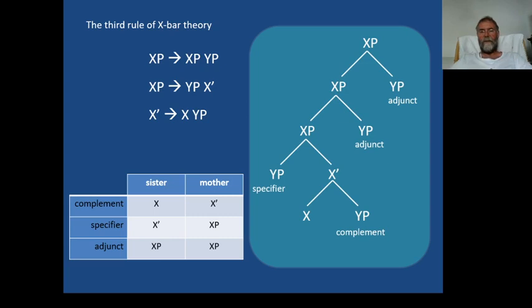So a mother has daughters and daughters have mothers. Now, any two elements which have the same mother are going to be called sisters. Okay, so at the very bottom we have X bar as the mother of X and YP. They're both the daughters of X bar, and because they're both the daughters of the same mother, they are sisters. X is the sister to the complement YP.